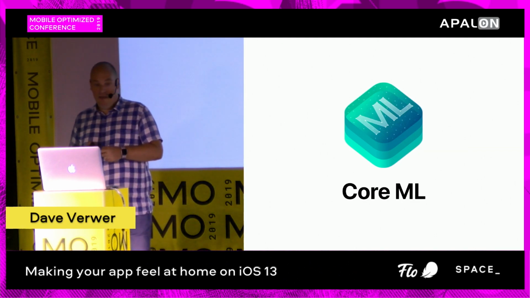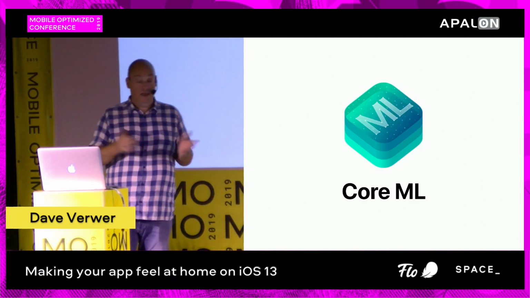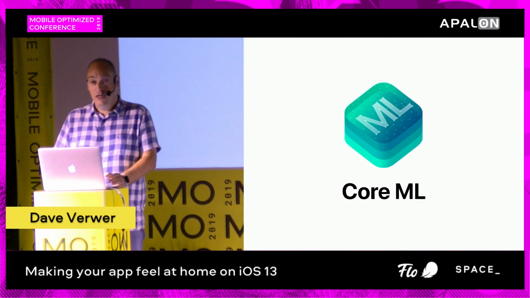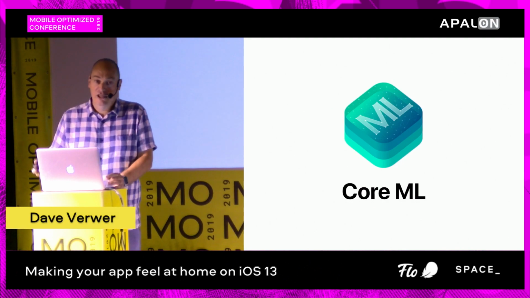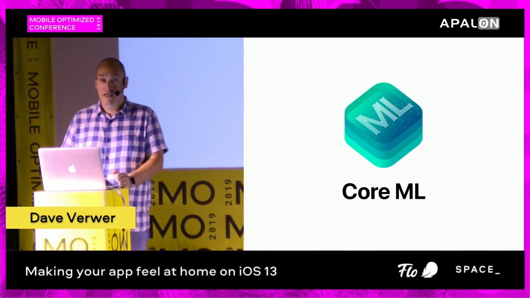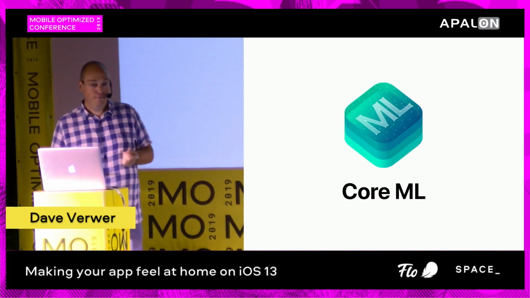So in iOS 13, well, actually, in many versions of iOS now, we've had things like machine learning frameworks. And taking advantage of these machine learning frameworks can make us fit into the operating system much better. So let's again look at how Apple do this.